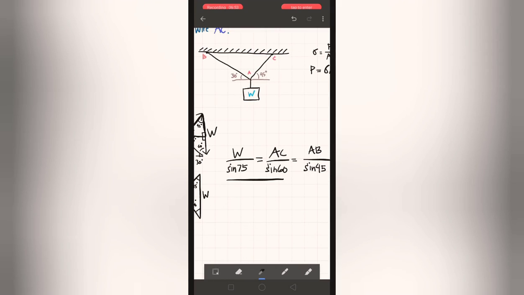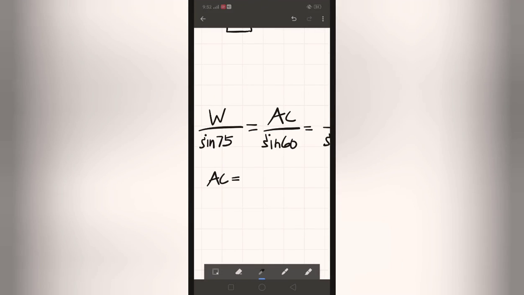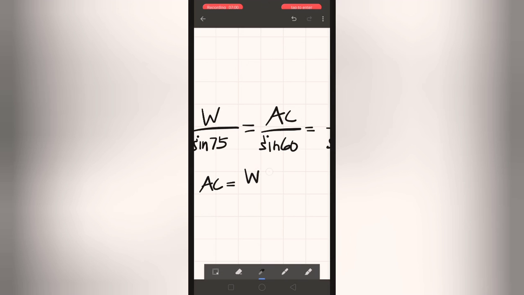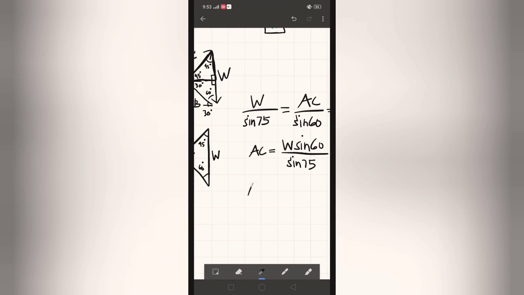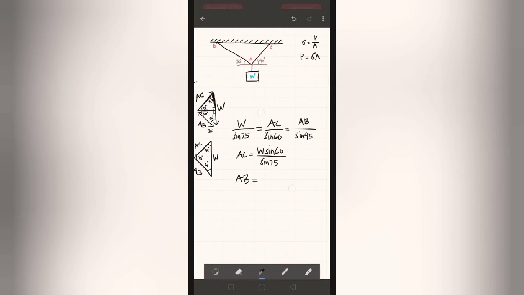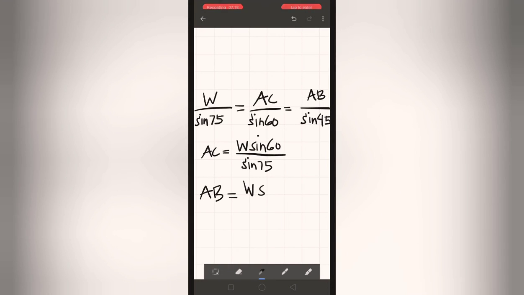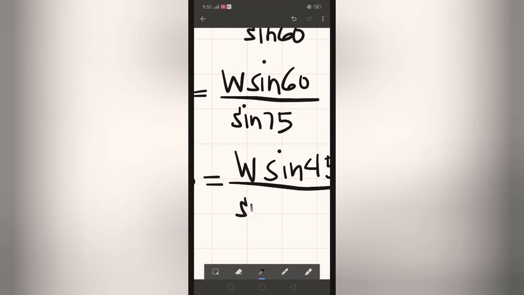And then we just equate these equations to solve for AC. We will get W sine 60 over sine 75. And then for AB, we will have W sine 45 over sine 75.